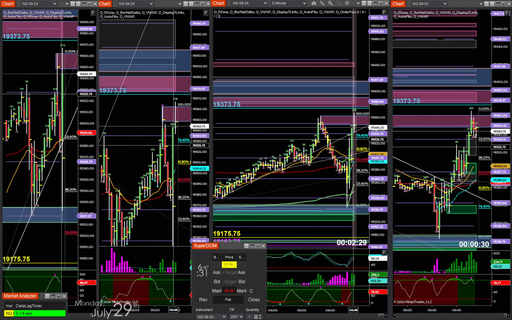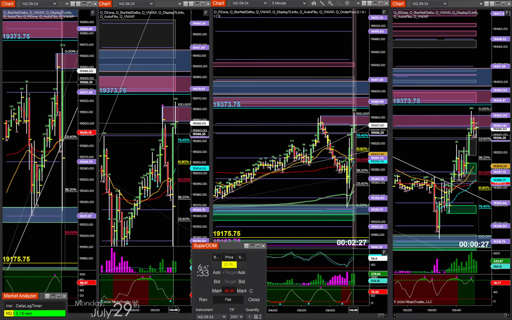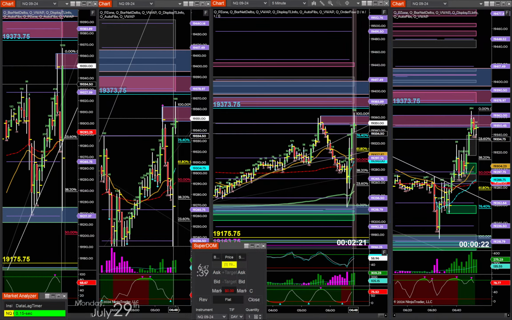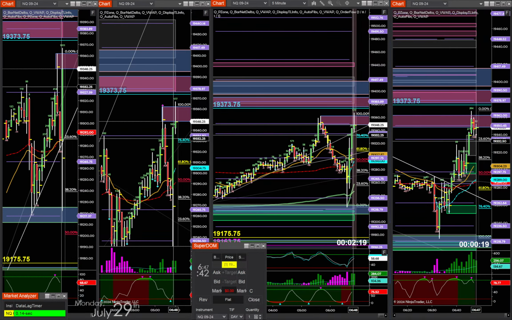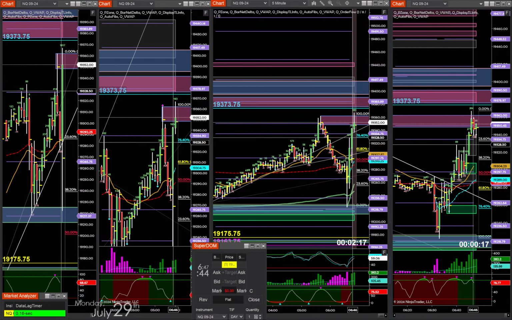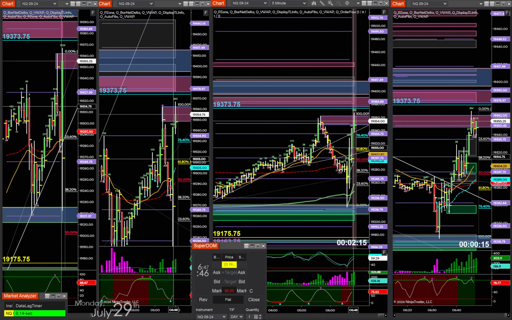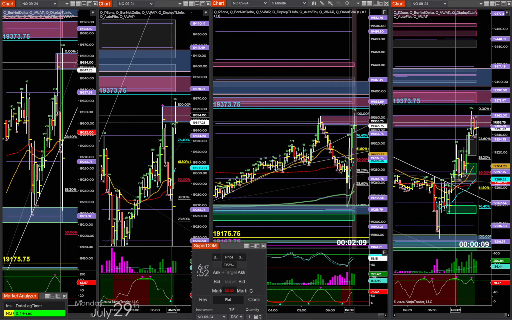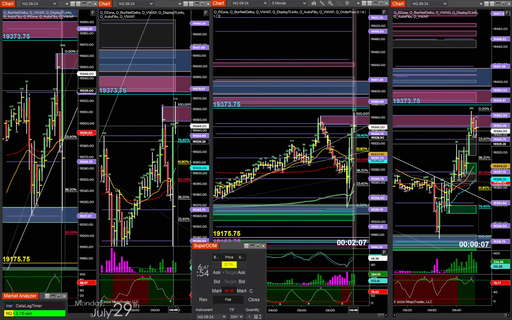So I can't take this trade because the 1 minute's not confirming, it's not even giving me a trade there on the 1 minute. Because you see the zone there, right? The POC zone, the 1 minute. The bullish POC zone, the supply zone, right? So there you go, it bounced right off that zone. So now it's coming up to 19,373.75 is what I'm looking at next for short.